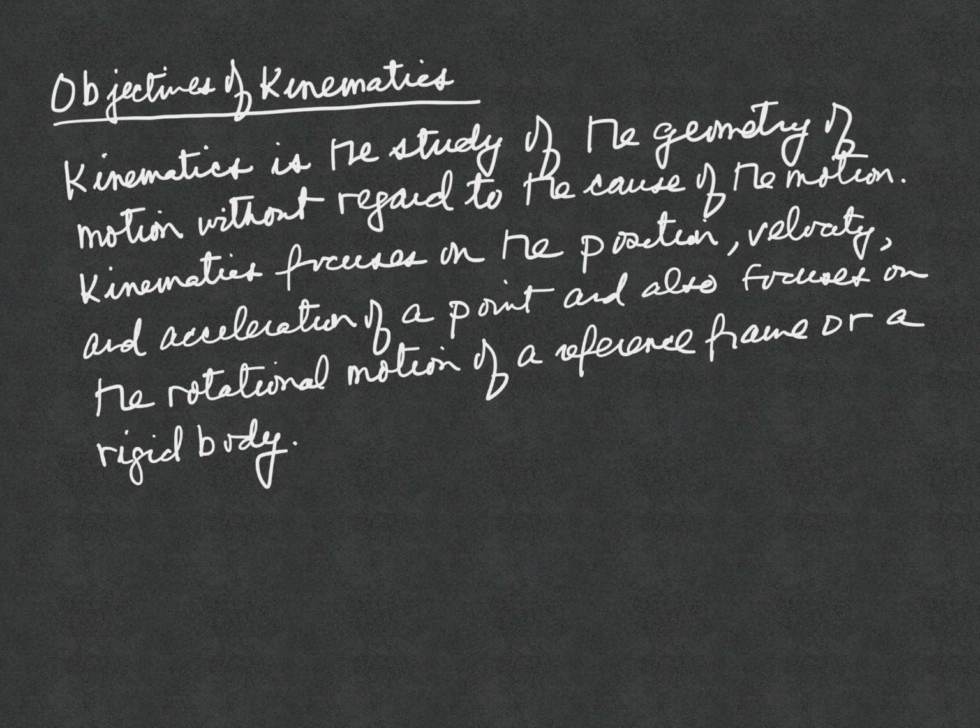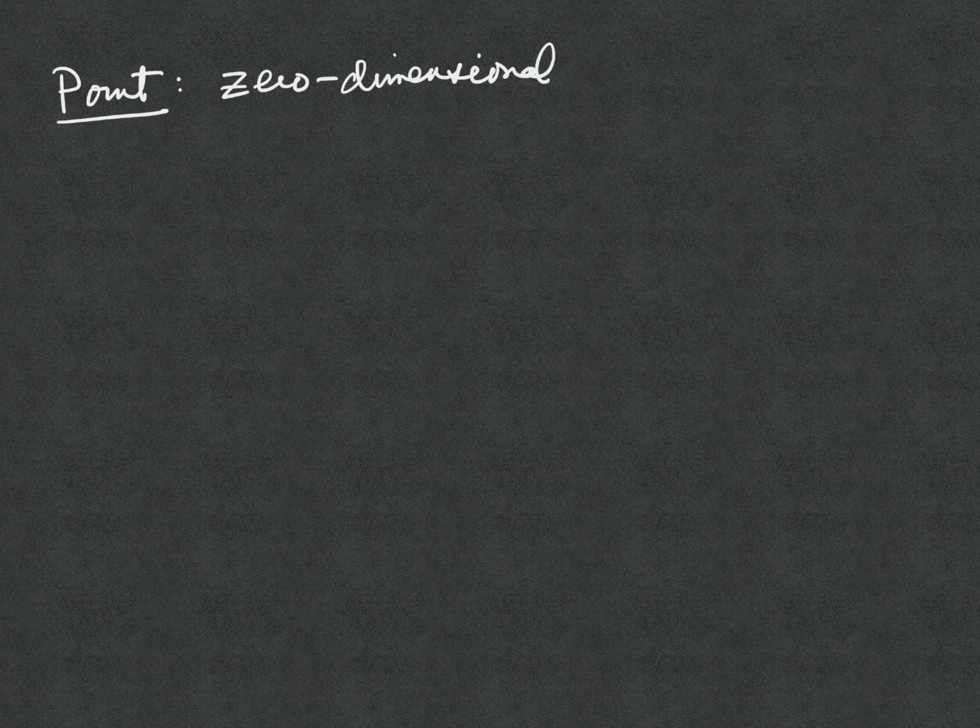So let's start with the concept of a point. What is a point? A point is a zero-dimensional object in E3. So when you think of a point, you can think of a point the same way you would always think of a point. It's like a dot.